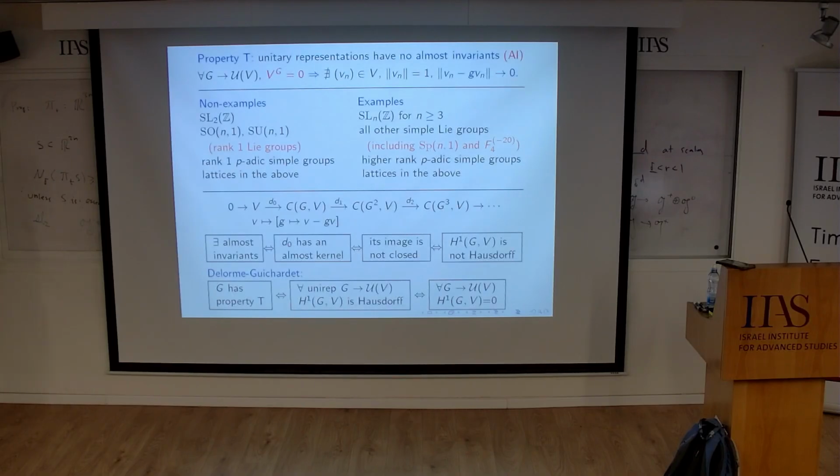Okay, so now we have two cohomological interpretations of property T. One is by vanishing of first cohomology, one is by Hausdorffness of first cohomology, and we have two obvious ways to generalize this to higher dimensions. So this is pretty much what I'm going to do in the next few slides.